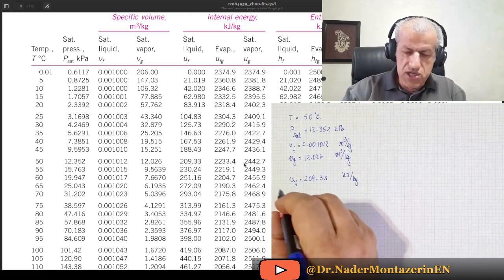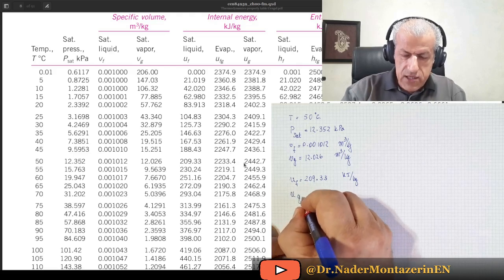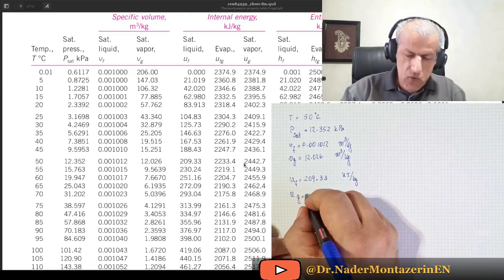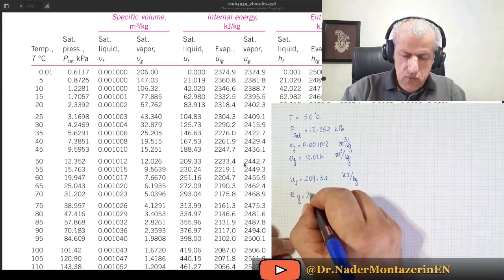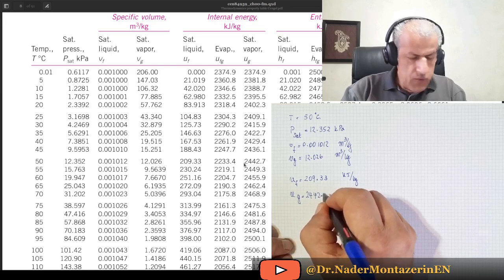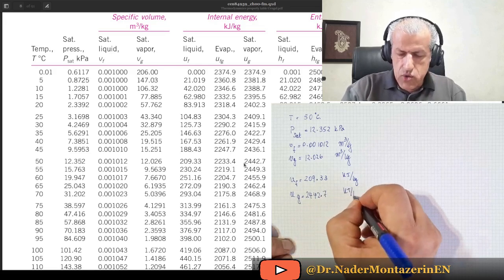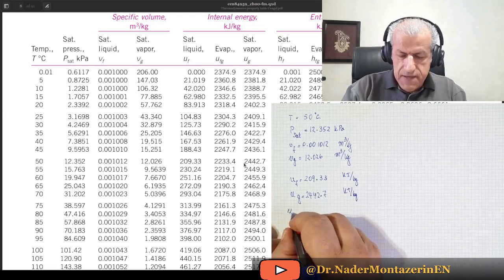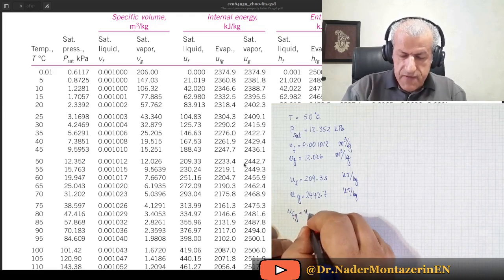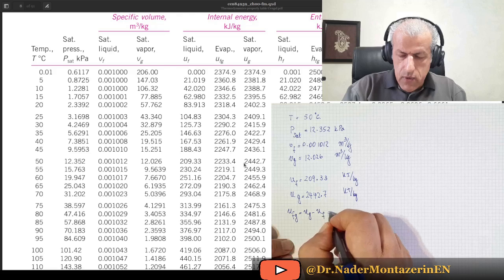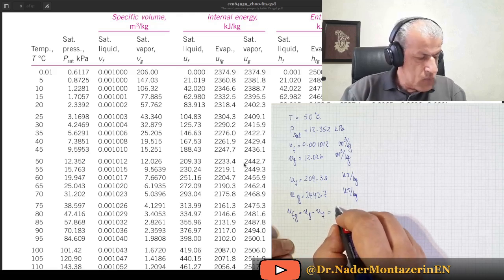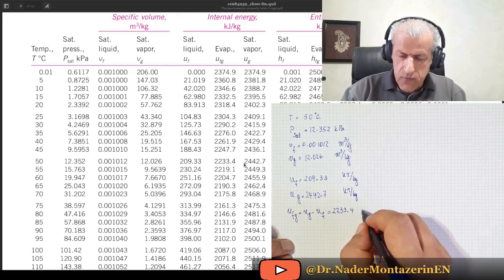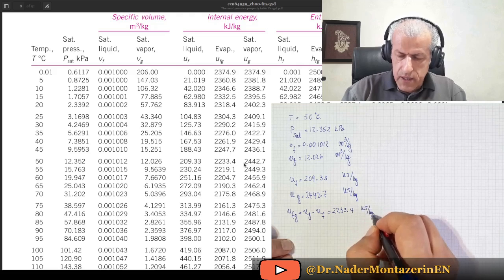This one is Ug, which is the internal energy for saturated vapor, and Ug is 2442.7 kilojoule per kilogram, and Ufg, which is the difference between Ug and Uf, is 2233.4 kilojoule per kilogram.